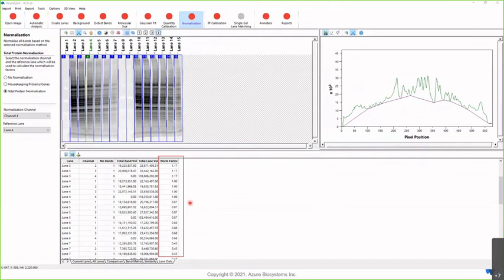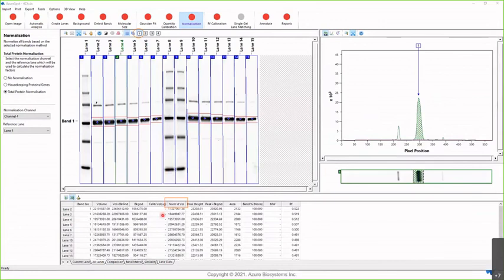But it doesn't matter, because by the end of the day, you just want to normalize against your own target protein. Once you get the normalization factor, you get the normalized volume of your protein of interest by dividing the raw volume by the normalization factor.